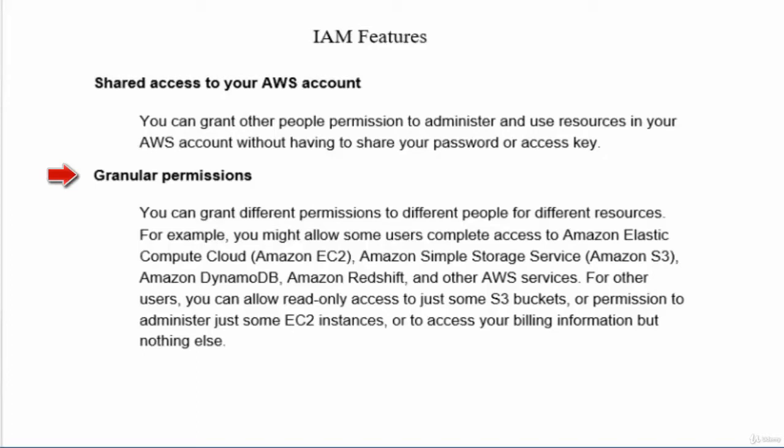Now the second feature is granular permissions. Granular permissions simply means you can restrict access for users to particular resources. Suppose there is a situation in which you want to give access to a particular service in AWS. You can create a policy and attach it to the user so that he will be able to access only the service that you want him to access.